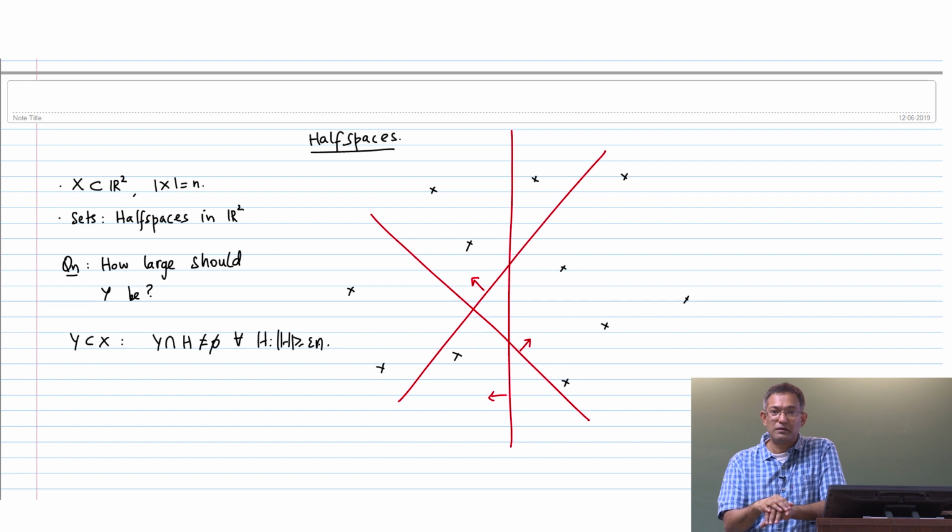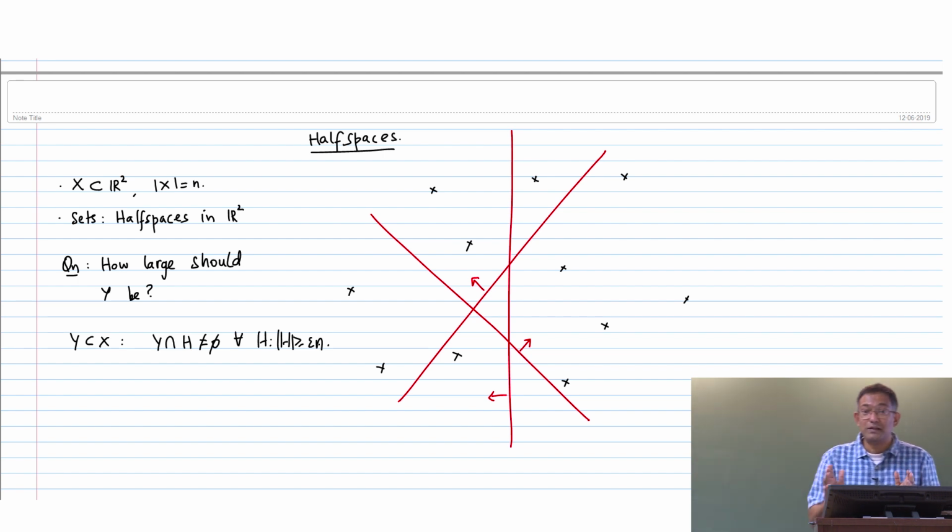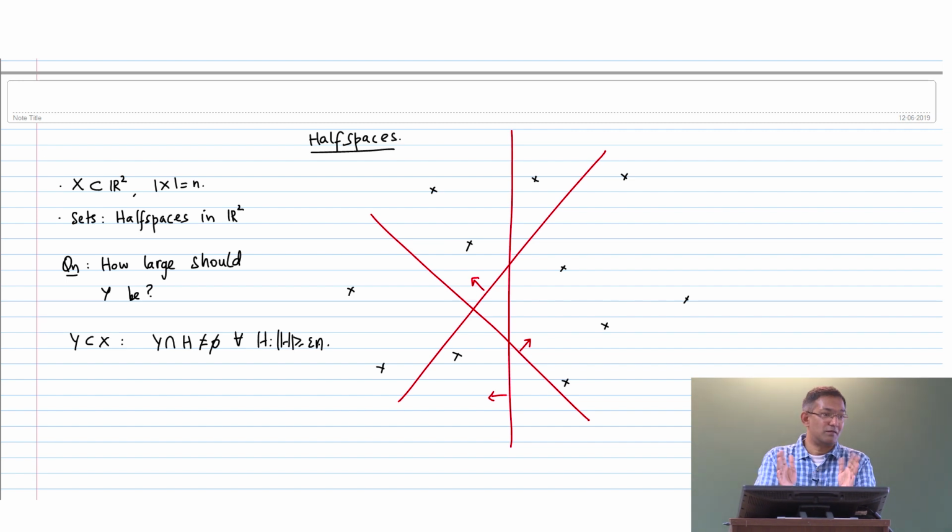You're okay with that, right? But if the half space contains many points, then your data structure does not make a mistake. It says, yes, there is a point. And so you can build a data structure that approximately answers queries that say whether a half space contains a point or not, at least for large half spaces.